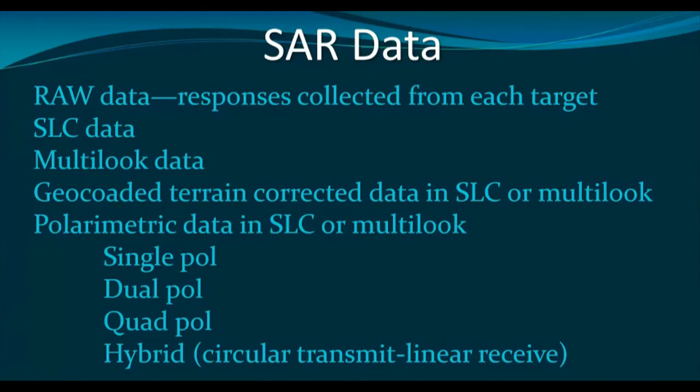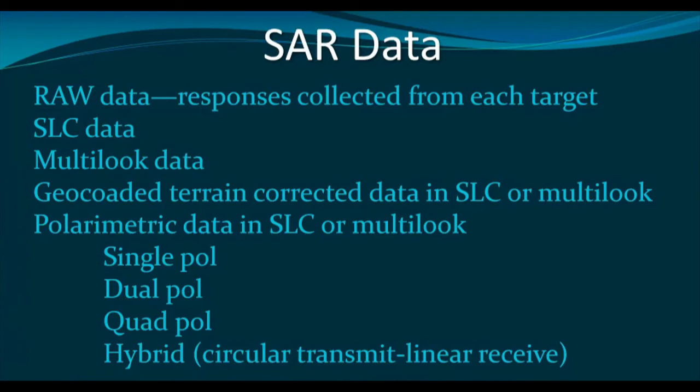Then we have the hybrid data. Hybrid data is actually circular transmit and linear receive. So this is one important thing I have to discuss today. Earlier, regarding the polarization, I told you that polarization means basically the orientation of the electric field.